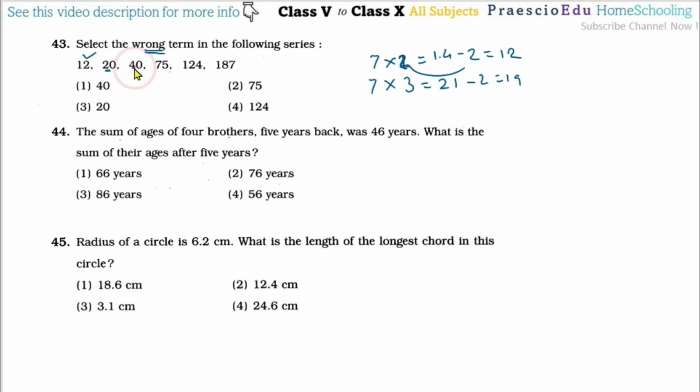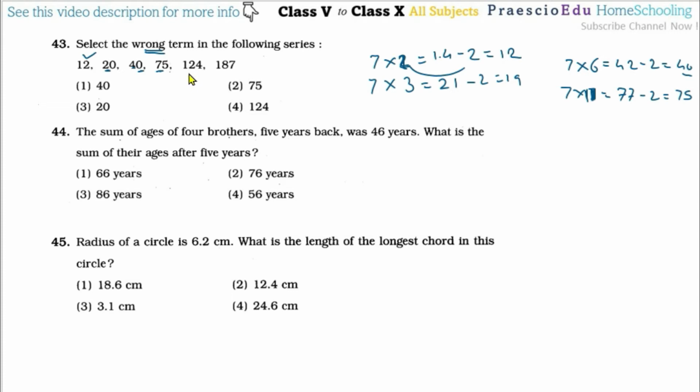Then next is 40: 7 multiplied by 6 is 42, and 42 minus 2 we are getting 40, so here the 40 is there. Like this, 7 multiplied by 11 is 77, minus 2 we are getting 75, so that is here.